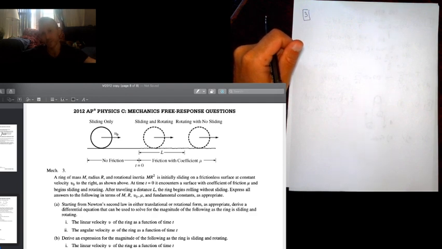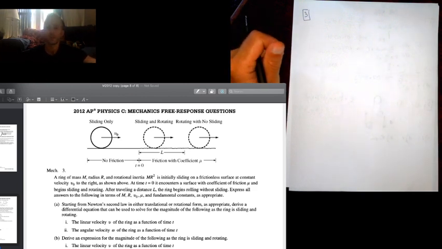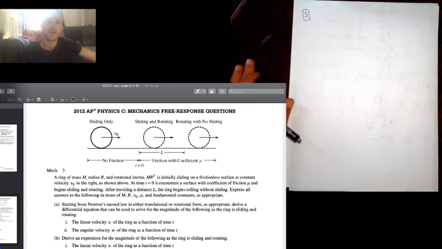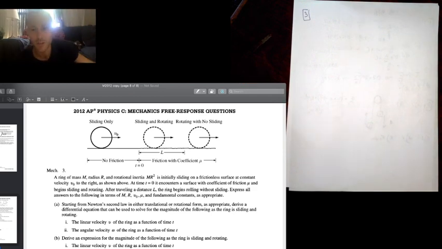After traveling a distance L, the ring begins rolling without sliding. Express all answers to the following in terms of m, r, v naught, mu, and fundamental constants as appropriate.